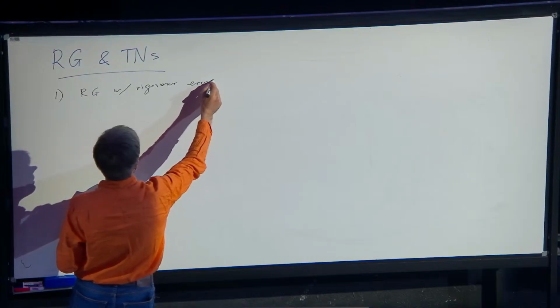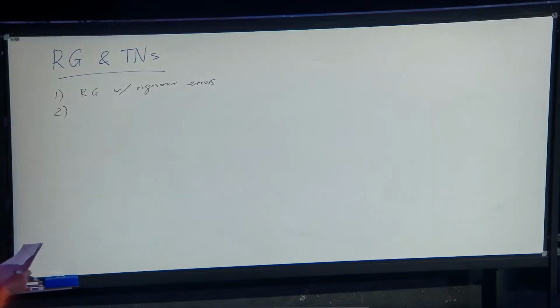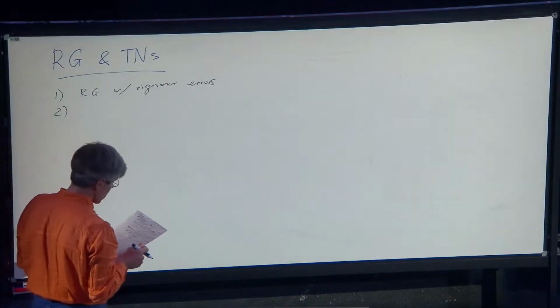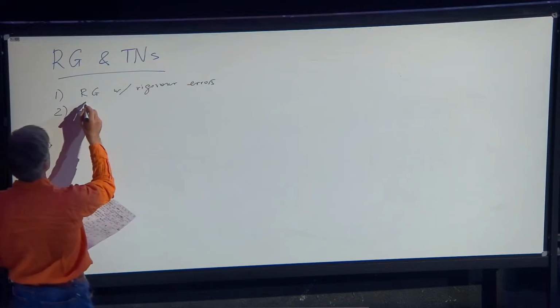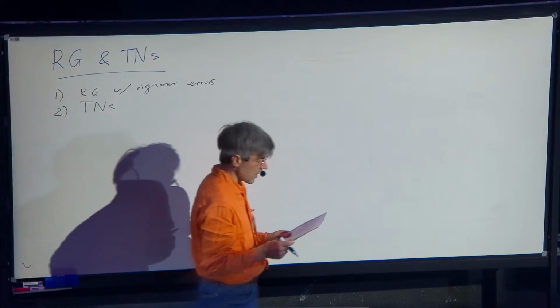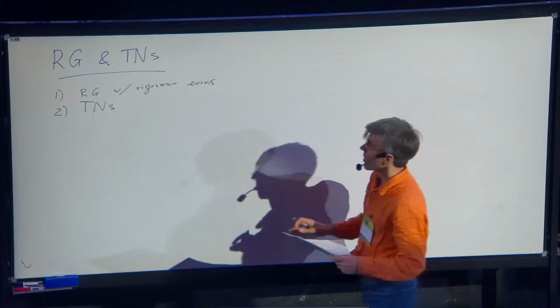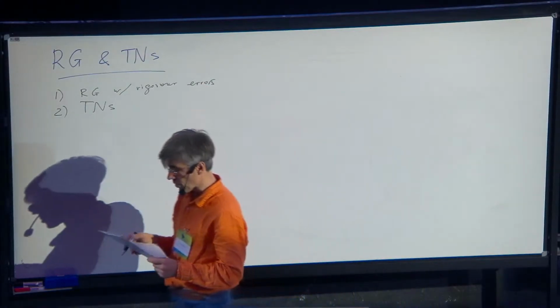This is going to be very general, some general blueprint for how you may want to do this. And then I'm going to say some words about tensor networks, because I'm not interested in tensor networks per se, but I'm interested in them because they give me a chance to realize the blueprint.